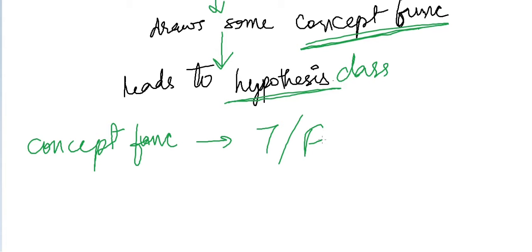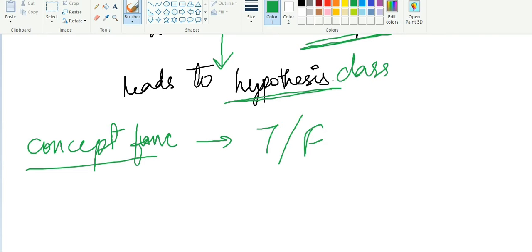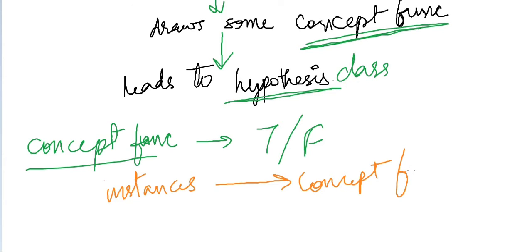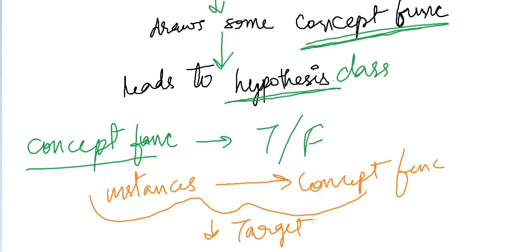You have a set of instances, and they are mapped to your concept function, right? And all of this is going to lead to the target and the target function.